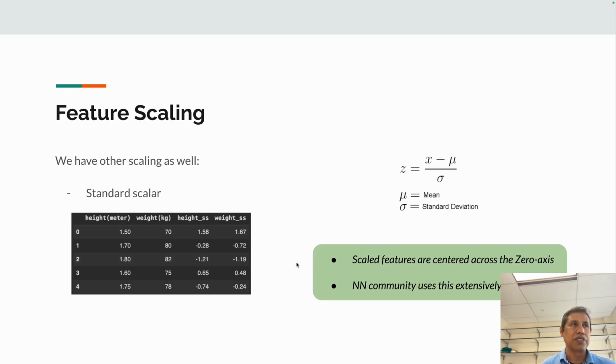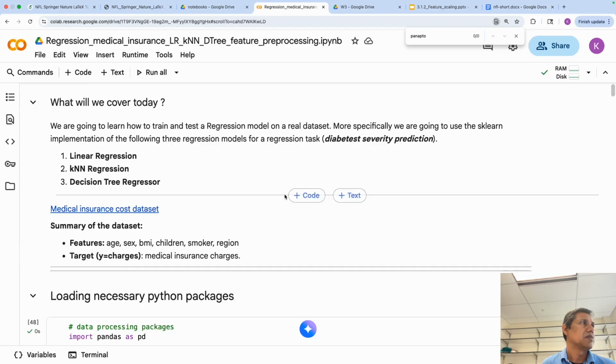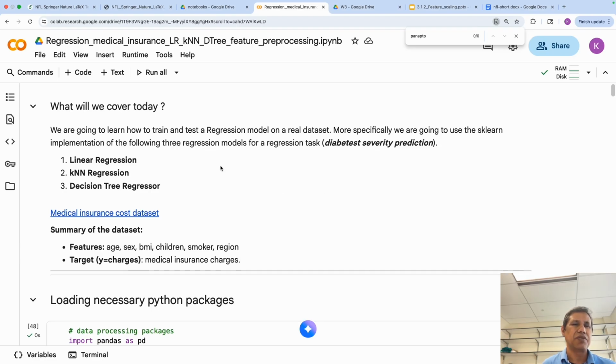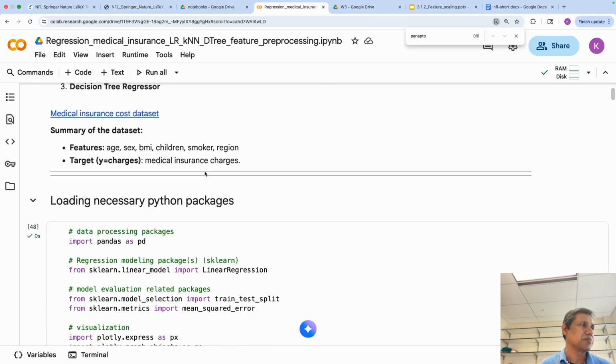Now I will go to the notebook presentation, and again I have added the notebook as part of the description. Here we'll be using the same notebook that we used for our feature encoding presentation, where we were preparing data to learn medical insurance cost prediction.